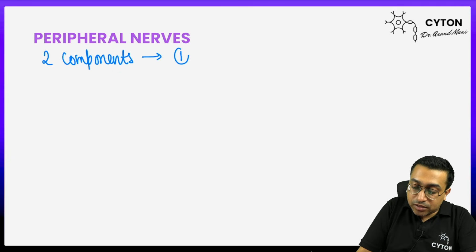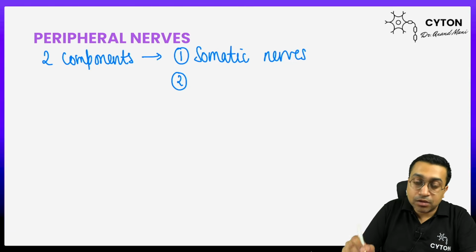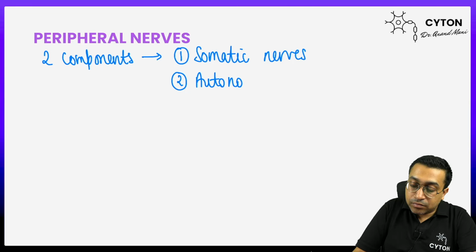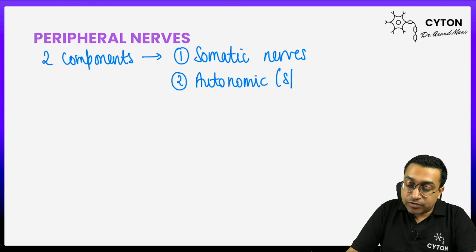Number 1, that is somatic nerves. Number 2, autonomic, that is splanchnic or visceral nerves.